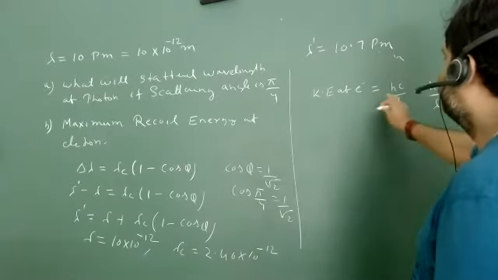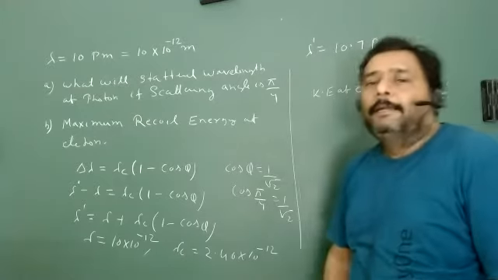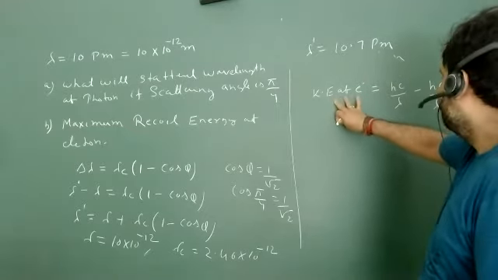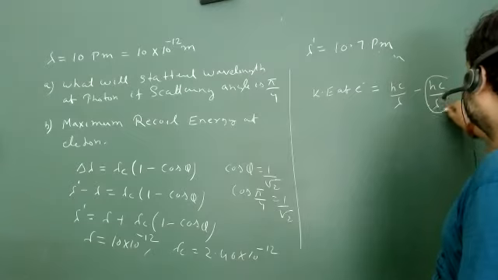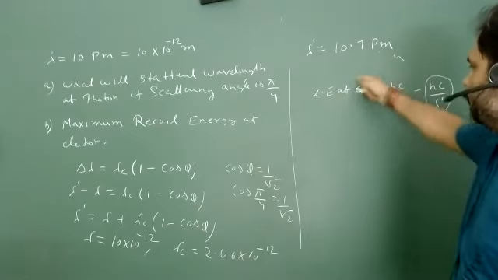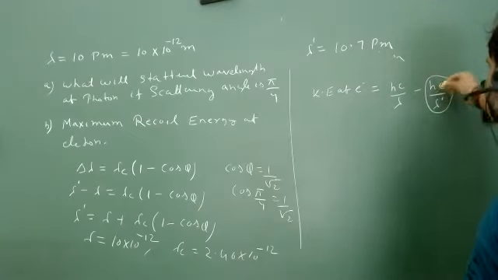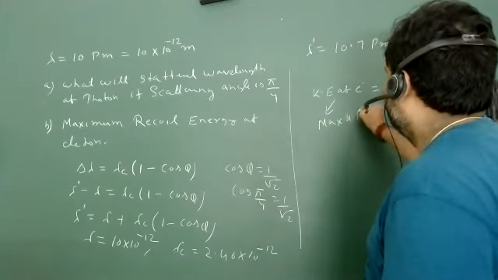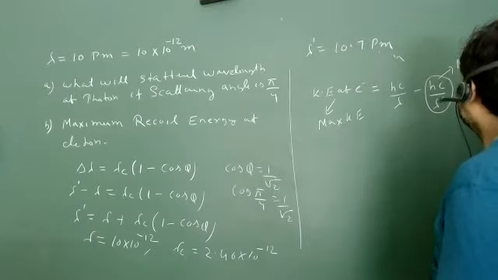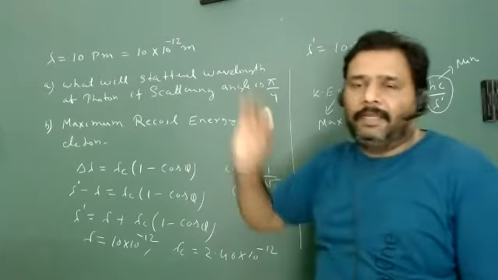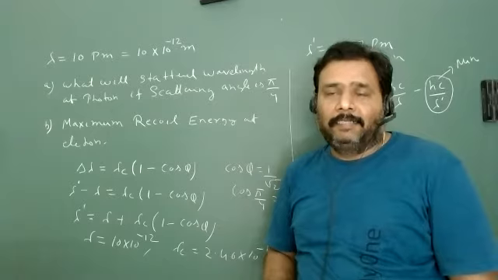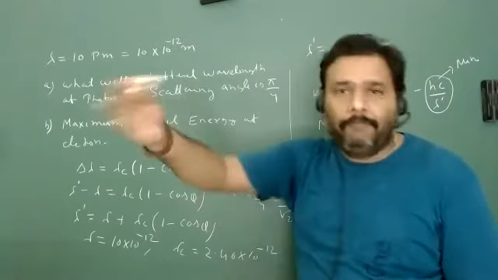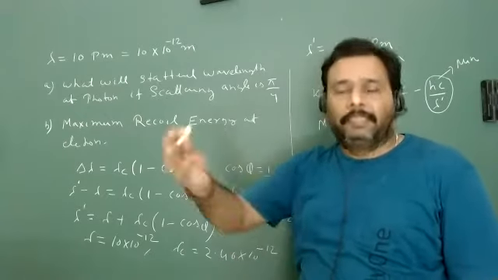Now, if this is to be maximum, this has to be minimum. If kinetic energy is maximum, then this must be minimum. So maximum kinetic energy means minimum energy associated with the scattered wave, and minimum energy means the scattered wave has maximum wavelength, because energy is less, wavelength is more.